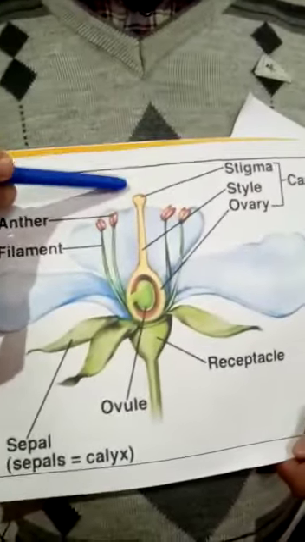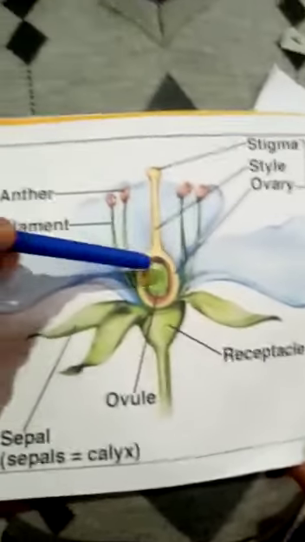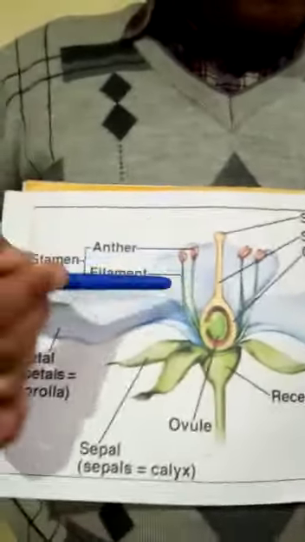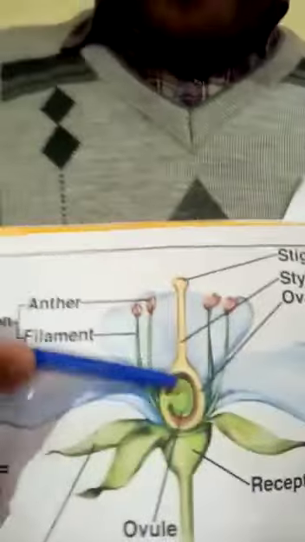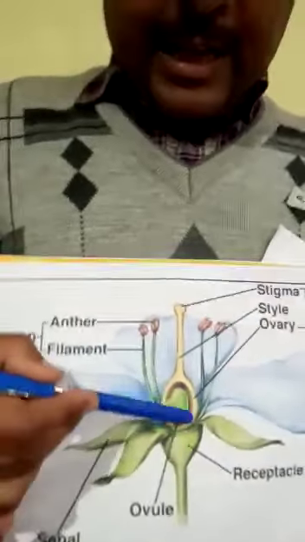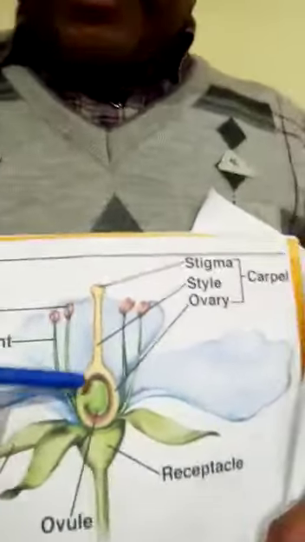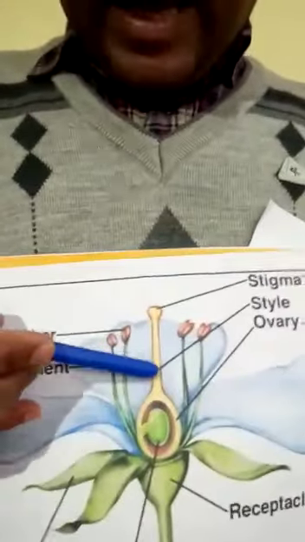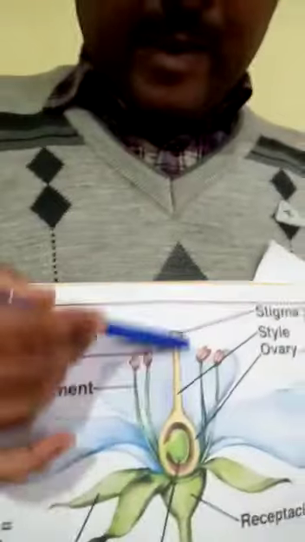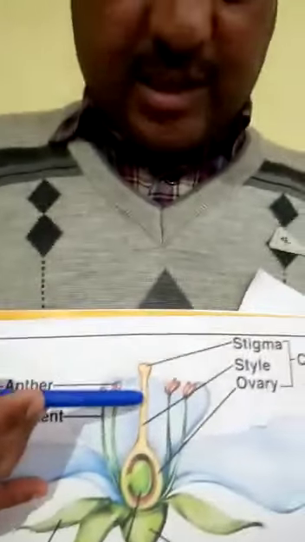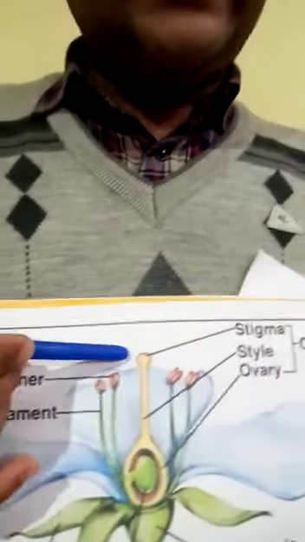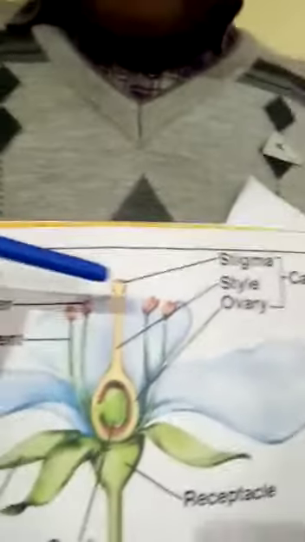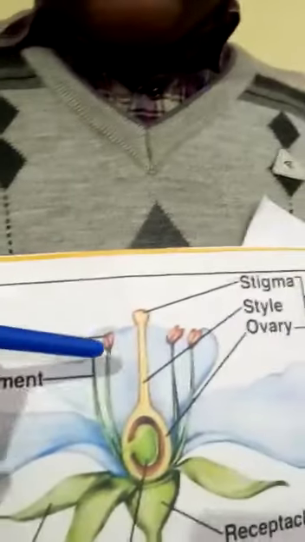It consists of three main parts: the lower, basal, somewhat swollen part called the ovary, then the filament-like structure called the style, and then the stigma. These two innermost whorls, the androecium and gynoecium, help in the process of reproduction.